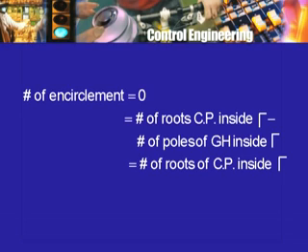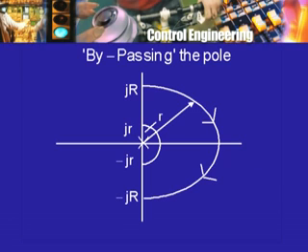This is equal to what? This is equal to the difference between the number of roots of characteristic polynomial inside the contour gamma minus the number of poles of GH inside gamma. Now, let us look at our contour gamma once again. Gamma, is it the entire right half of the z plane? Not quite, because it is this region, but if this radius r is very small and if this radius R is very large, then whatever roots are there in the right half plane of whatever function or polynomial will be included in this contour.